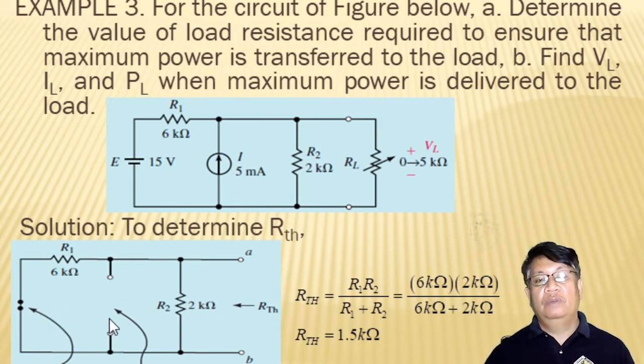To remove the voltage source, short circuit; to remove the current source, open circuit. So if you open circuit this one and short circuit this, then your R sub 1 is in parallel with R sub 2. Simplify, then your Thevenin resistance is equal to 1.5 kilo ohms.